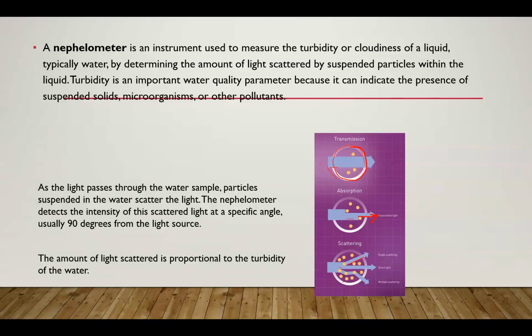We can collect different scattered data, but we collect the scattered light at 90 degrees to the light path. From that information, the data is analyzed for turbidity. For the nephelometer, the main parameter we consider is the scattered light.